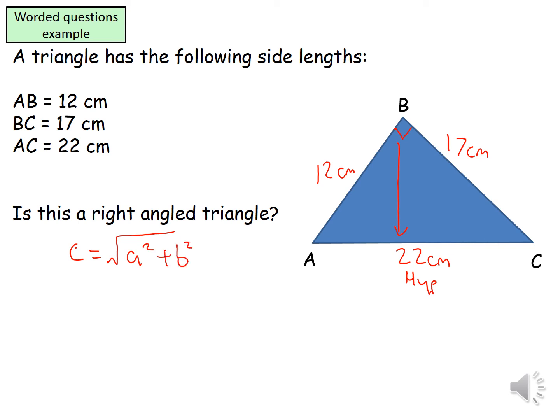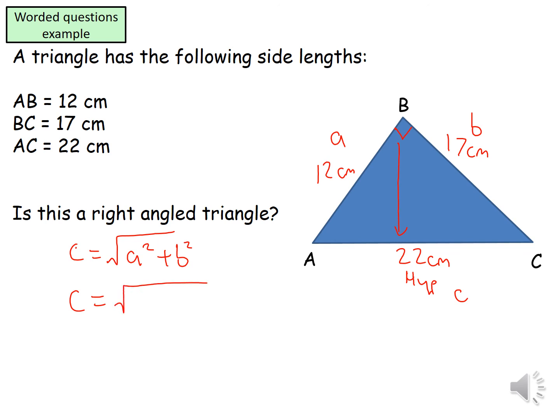Now, if we substitute in the values, let's label it first. AB and BC would be my short sides. Therefore, 22 centimeters, my hypotenuse, would be C. All we need is the length of AB and the length of BC. Just substitute that into this formula to find the hypotenuse.